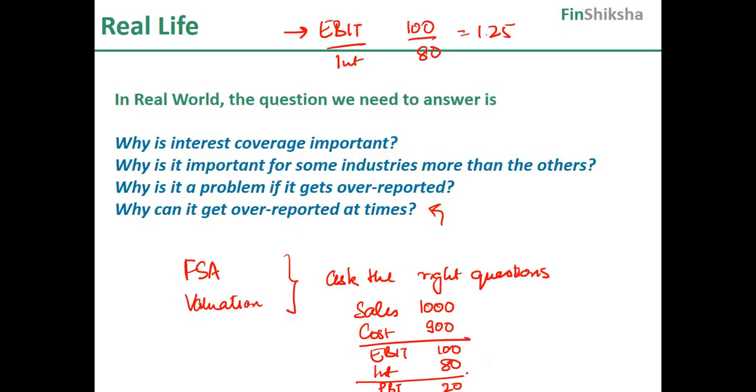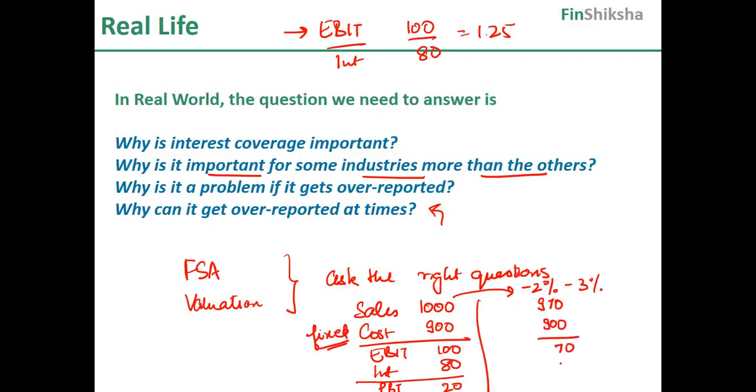But when you look at it, if this cost is fixed, right? Important for some industries more than the others. If this cost is fixed and sales declines by 2%, or let's take 3%, minus 3%, sales goes to 970, cost is fixed, EBIT is 70, interest cost is fixed because that's a fixed financial cost that you take.